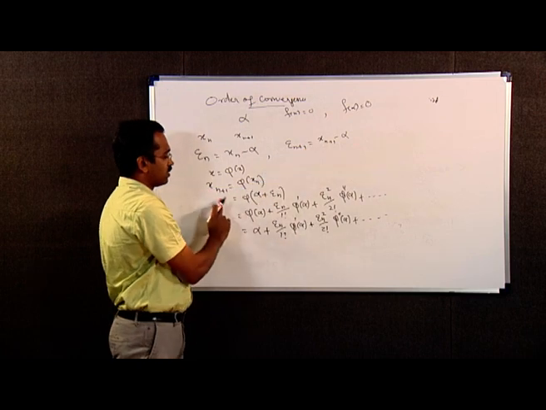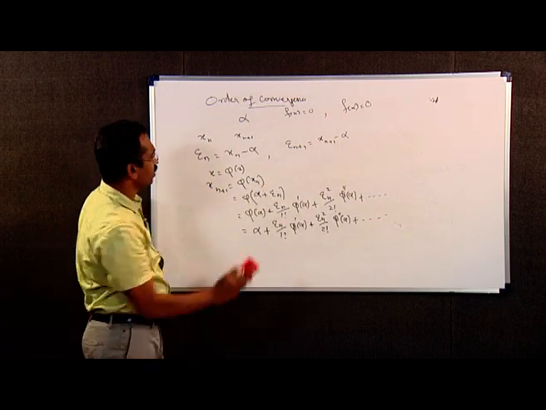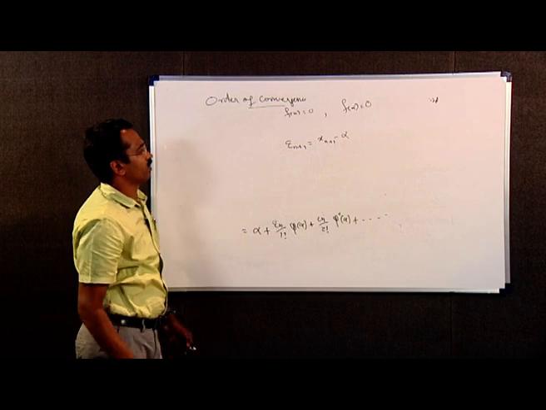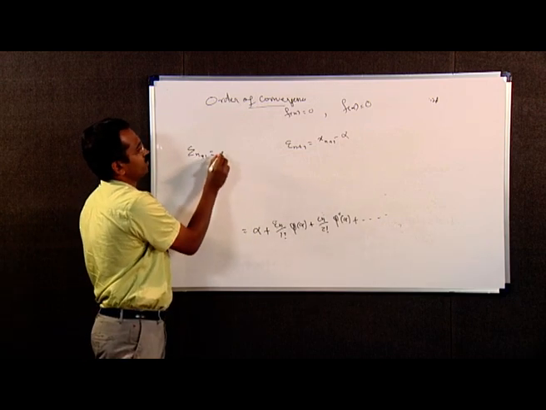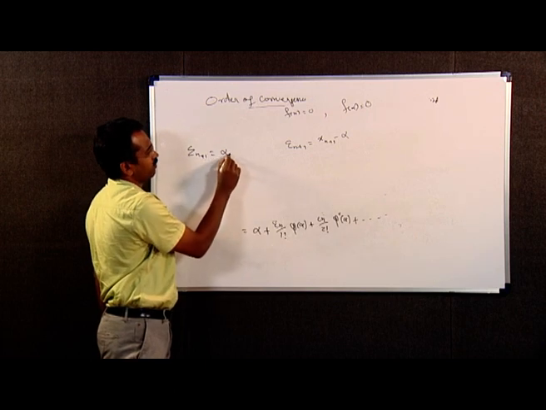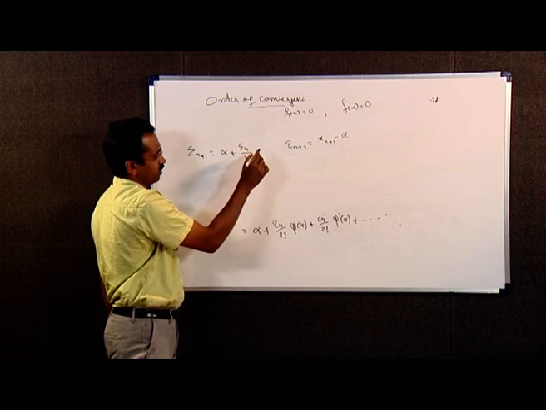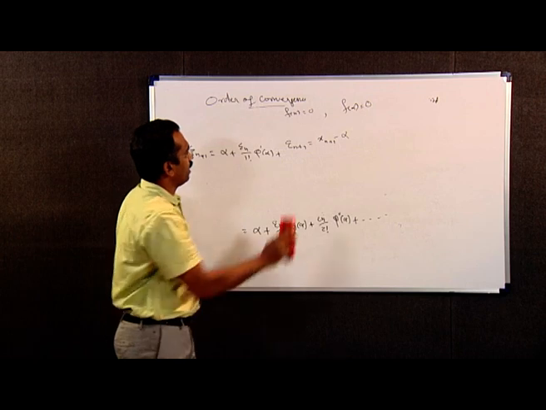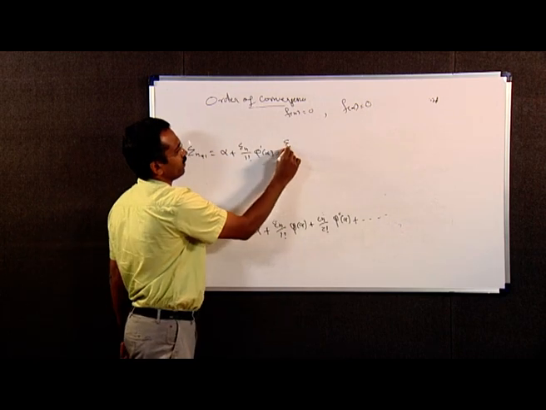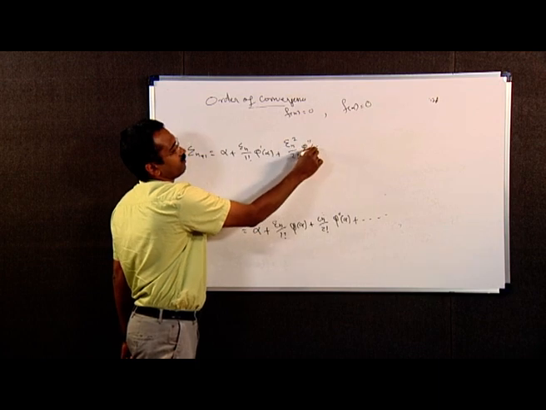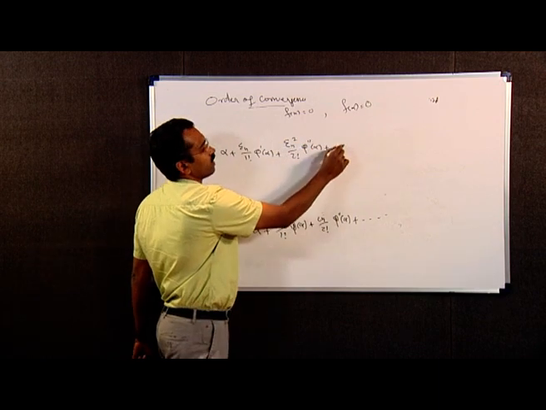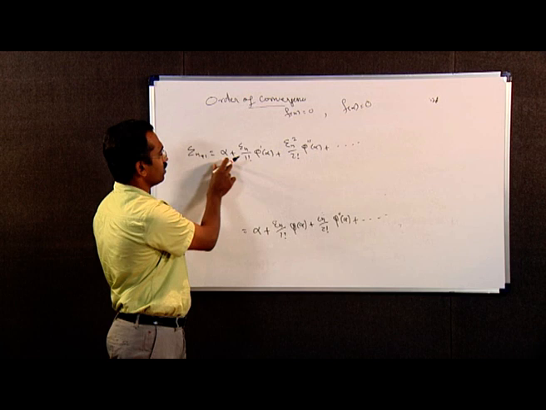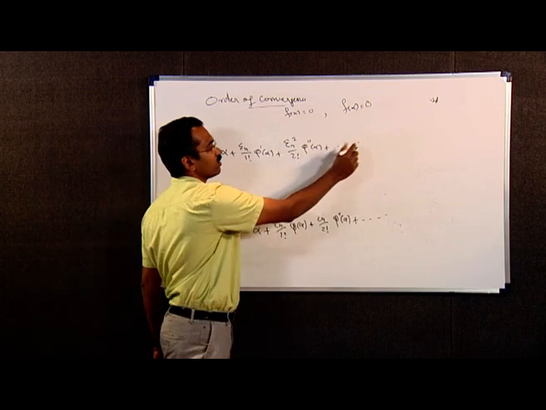We substitute this x n plus 1 here, that is epsilon n plus 1 is equal to x n plus 1, which is alpha plus epsilon n by 1 factorial into phi dash of alpha plus epsilon n square divided by 2 factorial into phi double dash of alpha plus etc. Epsilon n plus 1 is equal to x n plus 1 minus alpha.